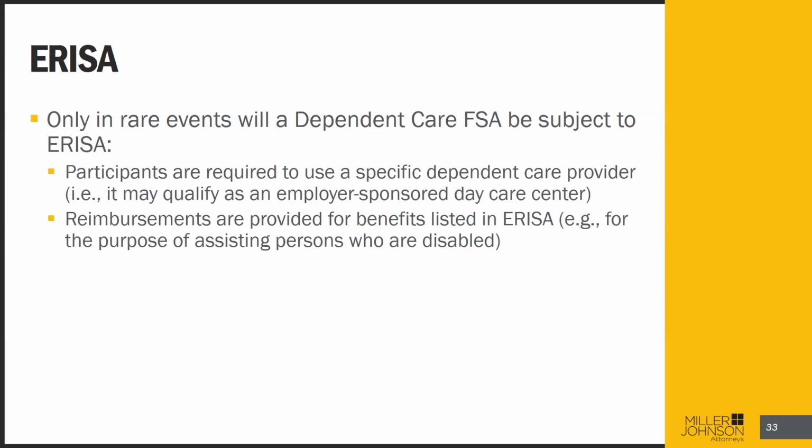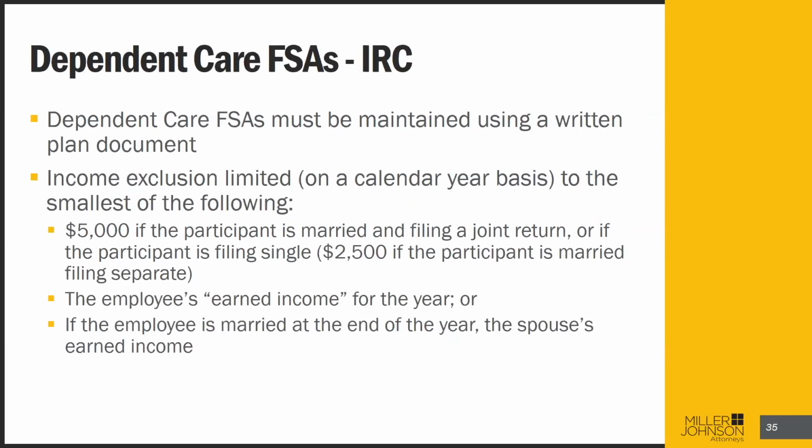The reason this may subject a dependent care FSA to ERISA is because it may be considered an employer-sponsored daycare center. Dependent care FSAs must be maintained using a written plan document. While there is no ERISA requirement for a written plan document for dependent care FSAs, there is an Internal Revenue Code requirement for a written plan document.